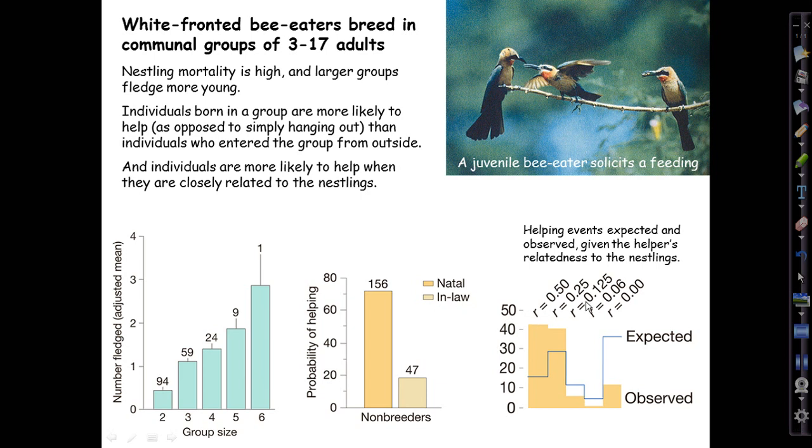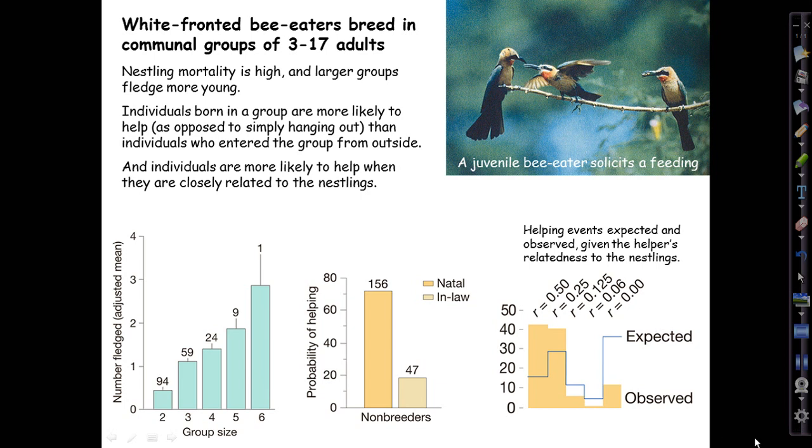And specifically, helping events were more likely than expected given the opportunity when the potential helper was related either as a full sib or a half sib to the targets of the help, and they were less likely to occur than expected based on opportunity when the helper was first cousin relatedness or less.